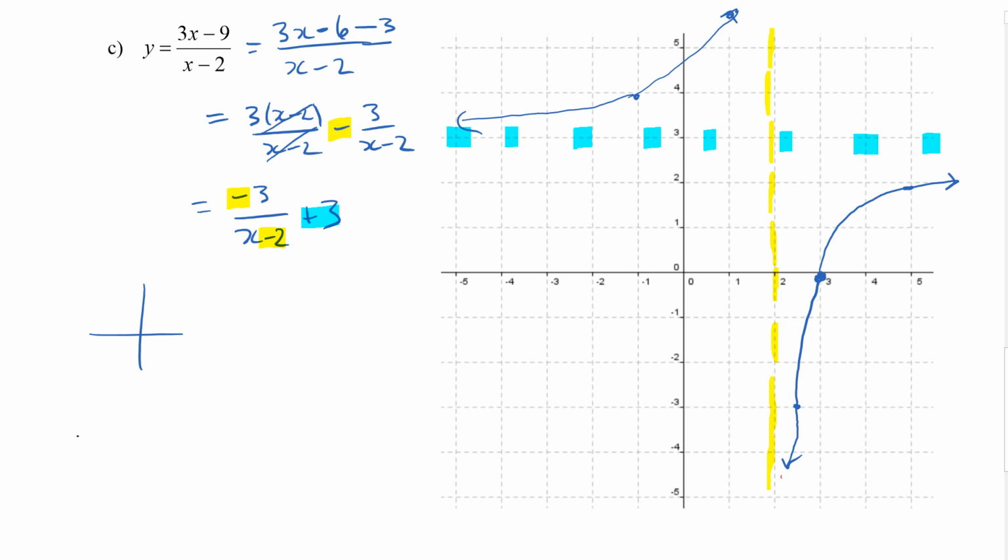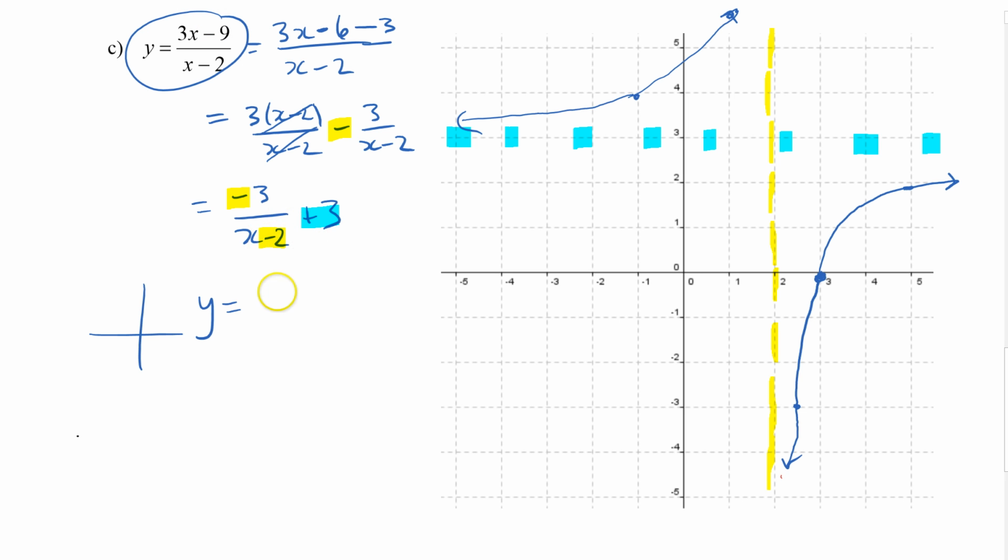Okay, I wonder what my y-intercept would be. So what would happen if I plugged in a 0 for x? So looking at this here, I can say y is equal to, and I can look at my original function, or I could look at my changed function. It doesn't really make any difference.